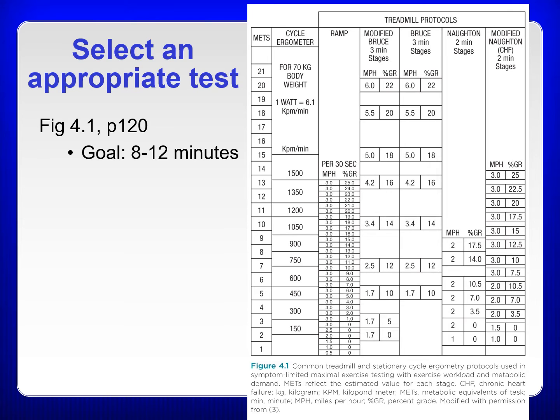And you'll see that a ramp protocol, which is the third column, is on a treadmill. Every 30 seconds the speed and the grade change. Initially, for the first 30 seconds, it's half a mile an hour, then from 30 seconds to 60 seconds, 1 mile an hour, and then from 60 seconds to a minute and a half, you're at 1.5 miles an hour, and you'll see that you progress until you get to a constant speed of 3 miles per hour, and then the grade increases every 30 seconds.